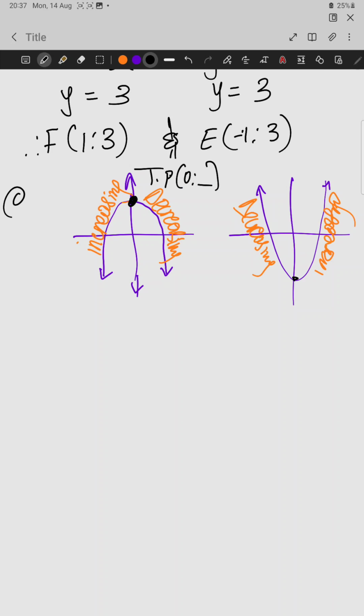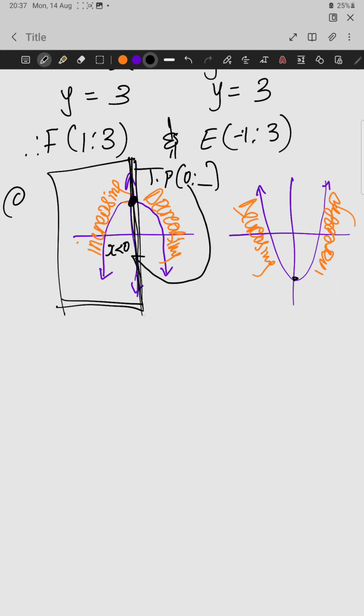So that means you are saying that, okay, for the side of increasing, which is this portion, we're not talking about the decreasing, remember, only the side of increasing. So my x value is less than 0. Where did I get 0? Remember, I said 0 is the x value of the turning point. We are looking at the x value of the turning point, guys.